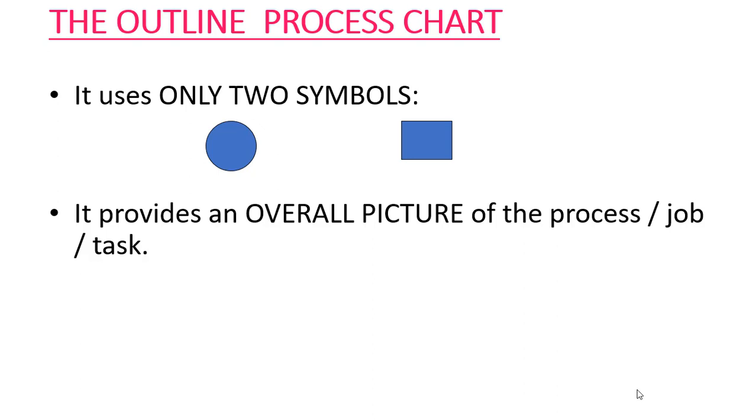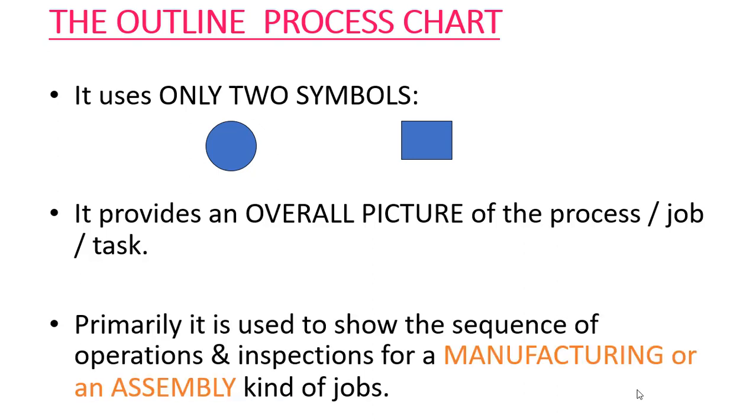The operation process chart provides an overall picture of all the activities of any process, job or task that has been carried out. We can use the outline process chart with the symbols of operation and inspection in manufacturing activity or in assembly kind of jobs.